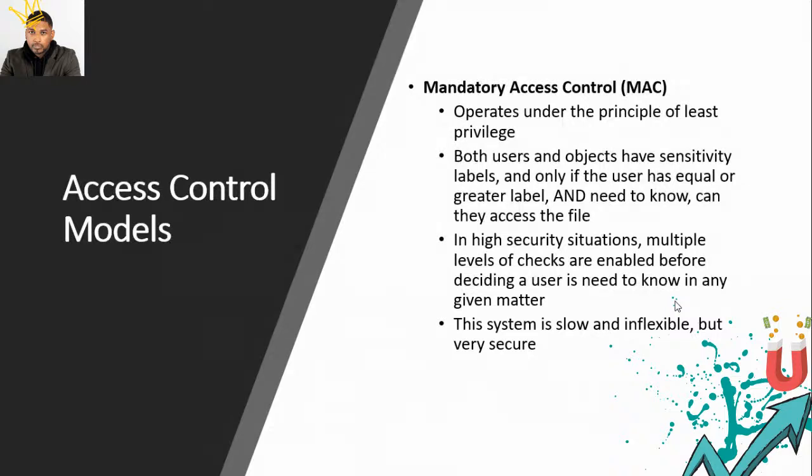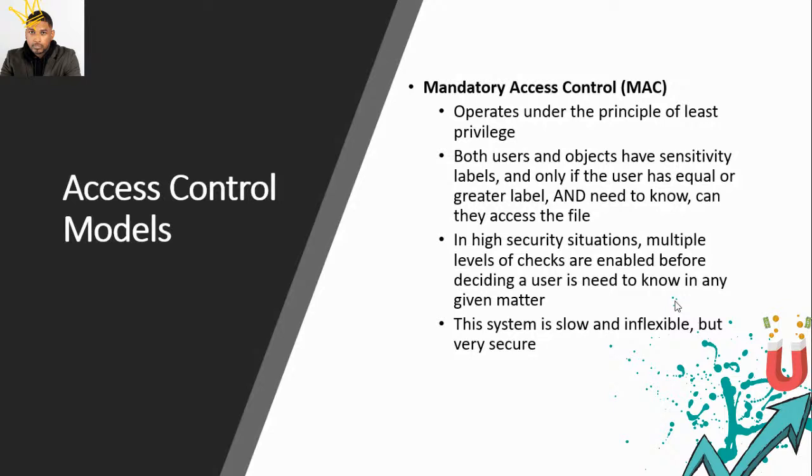A prime example of this is how many governments have top secret, classified, unclassified, or even a public classification. So the higher the sensitivity label, the more restricted it is. If Reginald Bullock only has an unclassified clearance, then the system will only allow me to see unclassified information.